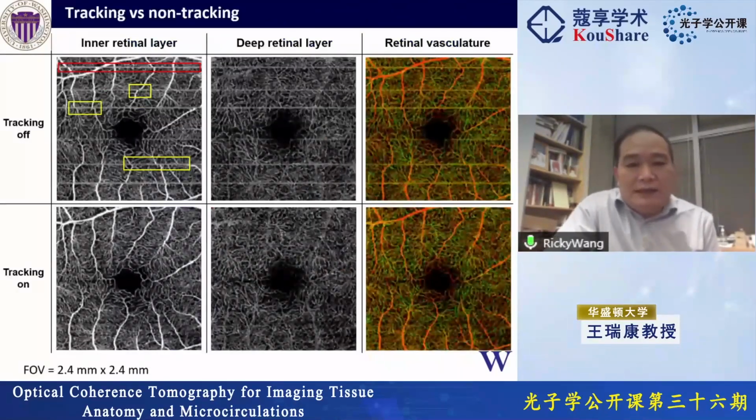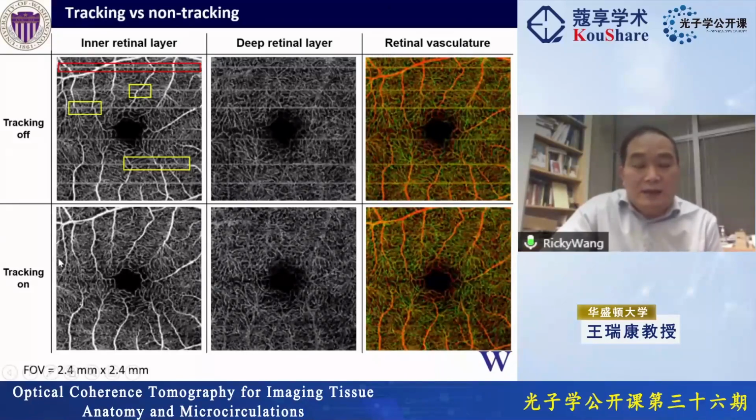And this is an example of how tracking is useful. The top image is with the tracking off, without tracking, where you use the OCT to look at a live human. The bottom image is with tracking on. As you can see, it's quite obvious, right?